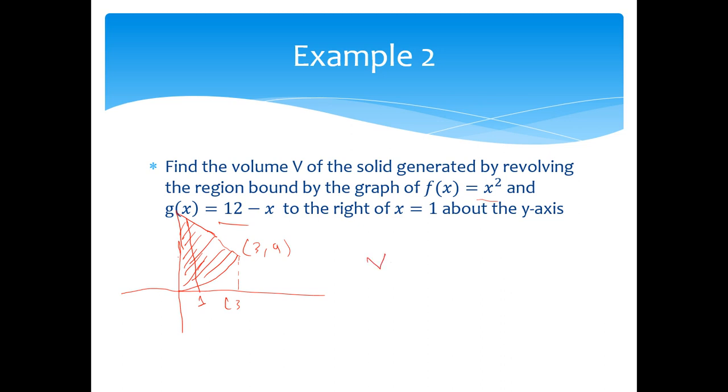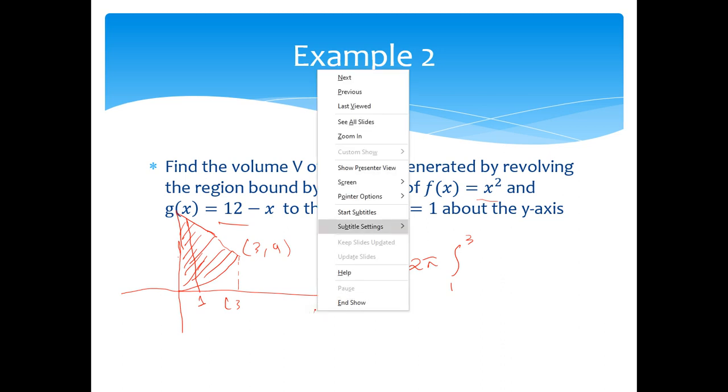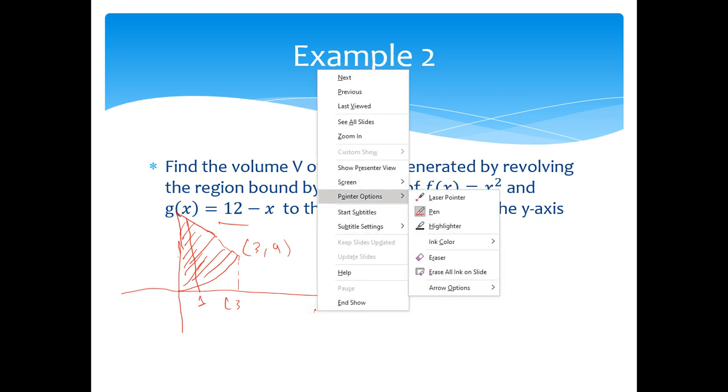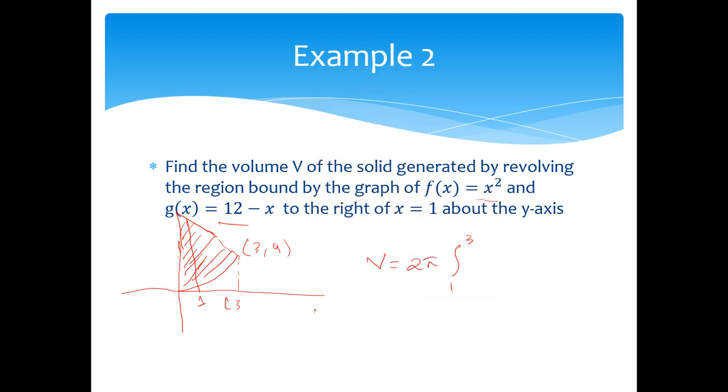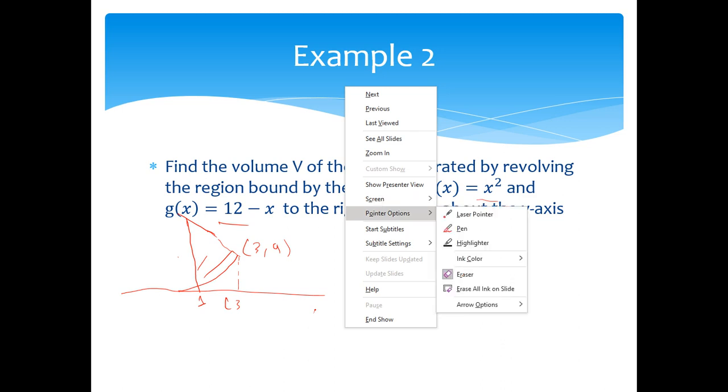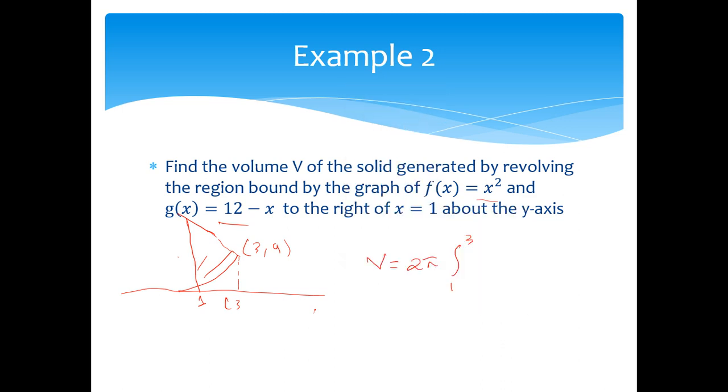So when we find the volume, it's going to be 2 pi integration from 1 to 3. So this is the y-axis here. This is between 1 and 3.